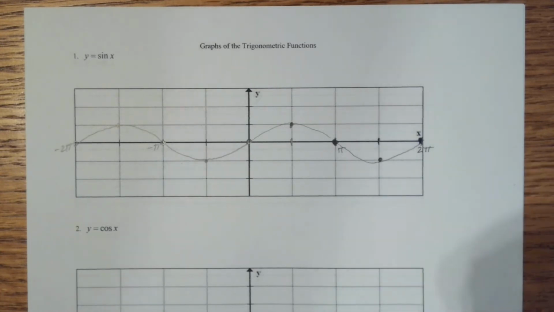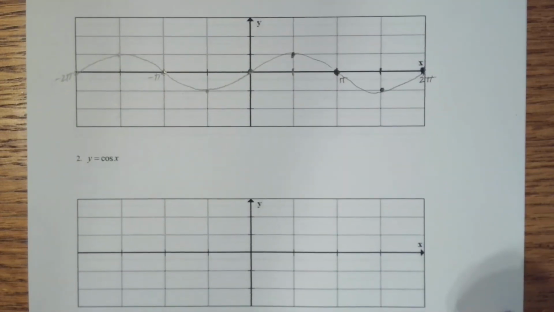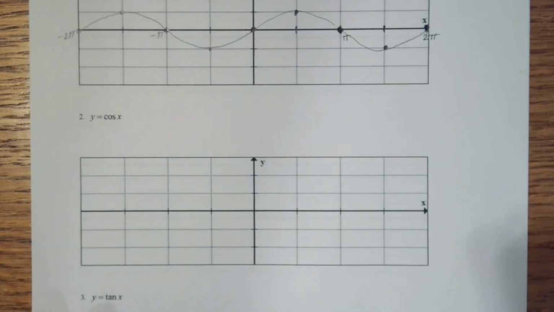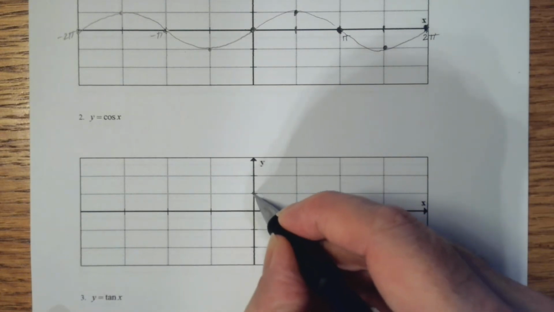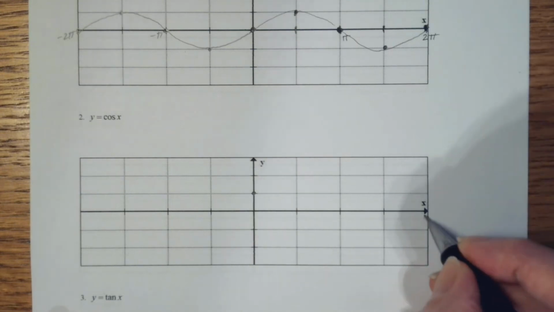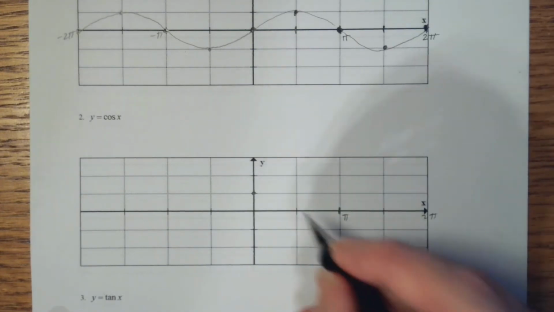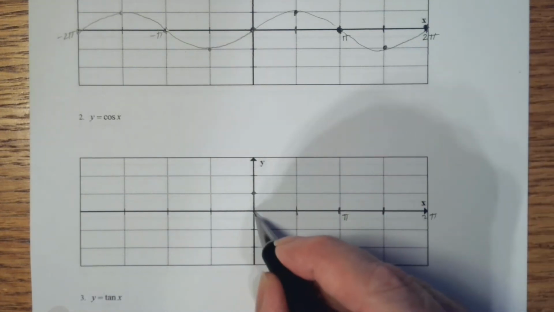All right, so on cosine, very similar to a sine curve. I'm going to come back and do the features later. So a cosine curve starts at 1. Now notice the 4 intervals again. This would be our 2 pi, our pi, and then you've got pi over 2 and 3 pi over 2 here, and of course this is at 0.